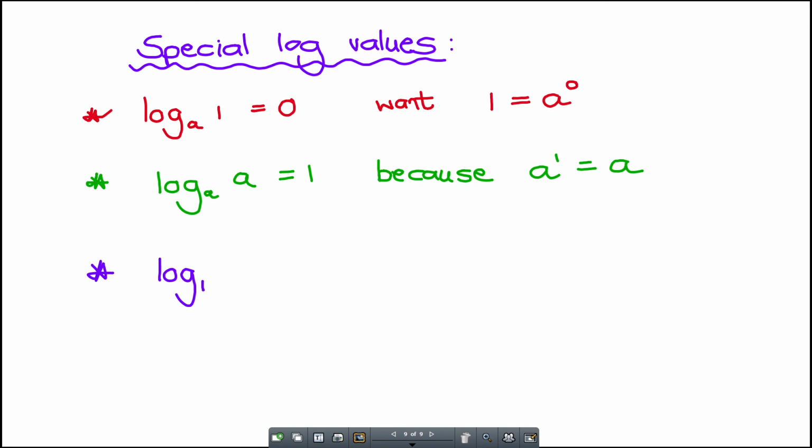Log 10 x, because that base, omdat daai grondtal 'n 10 is, nee? Hoef jy hom nie te skryf nie. You don't have to write it, so you can rather just say log x. Okay.